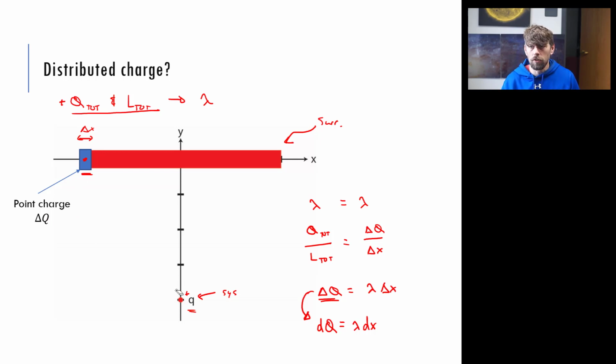Conceptually, because they're both positive, it should be pointing something like that direction. And also, we need to get a relative position vector between this charge and that charge.